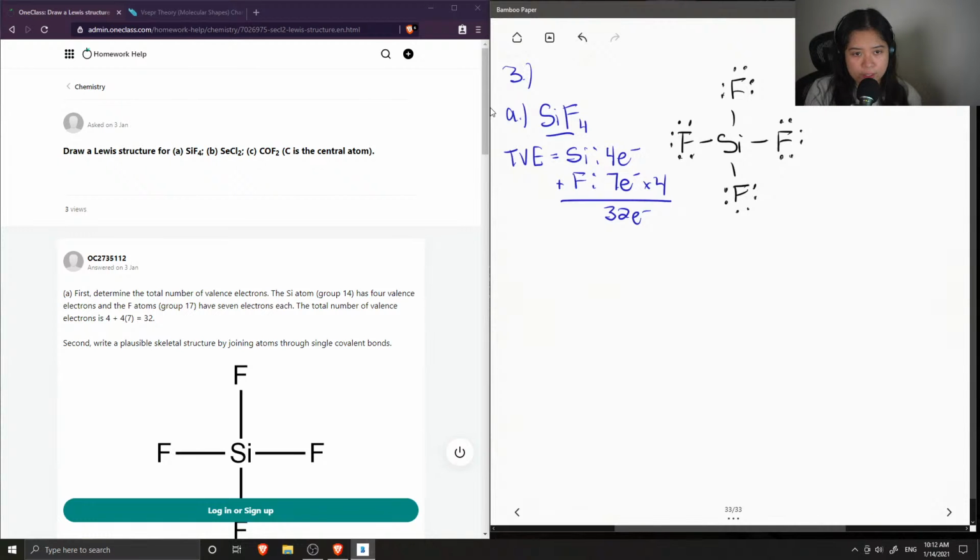Okay, so if we count out all the electrons I've drawn so far, we have a total of 32, and everything is satisfied in terms of having a full octet. So I know we have the correct Lewis structure. So now let's go on to our next compound.